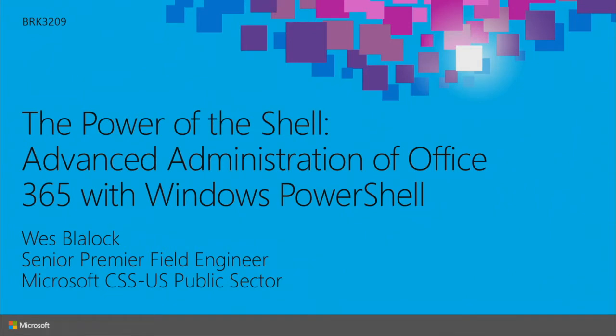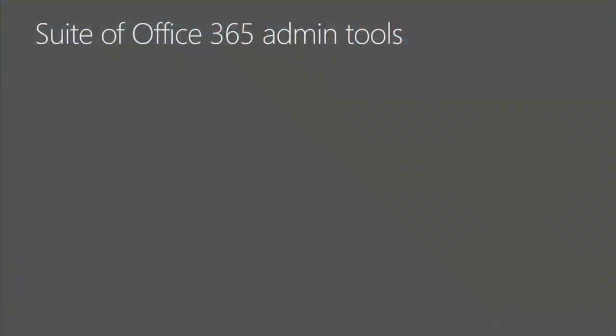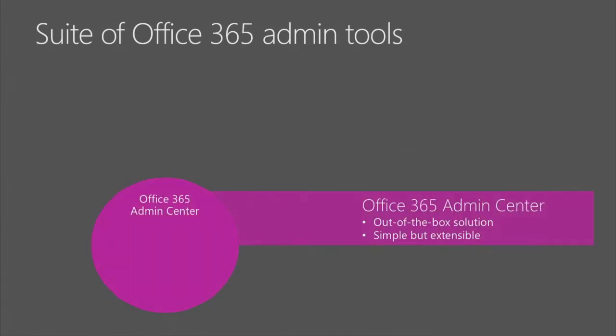So let's continue forward and talk about the ways that we can administer Office 365 workloads, which are also called technologies. If anybody isn't familiar with the term workload, you're going to hear technology and workload used interchangeably by a lot of Microsoft people. The most basic one that we've got is the Office 365 Admin Center.